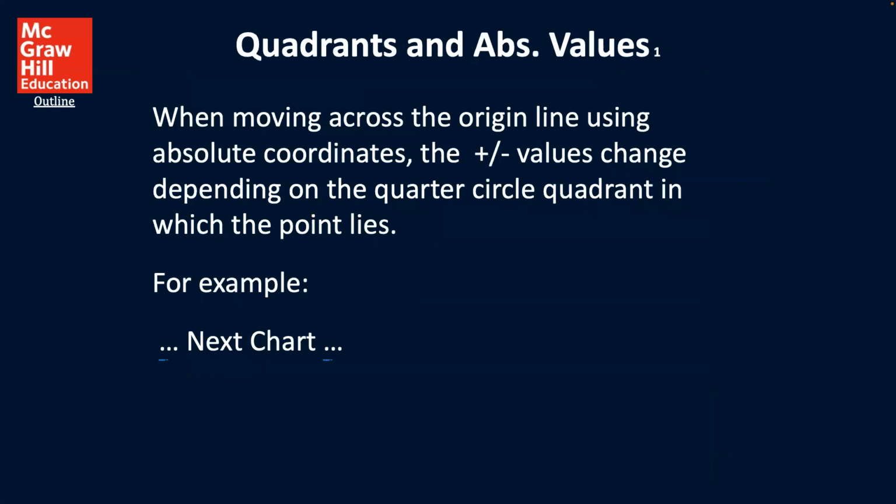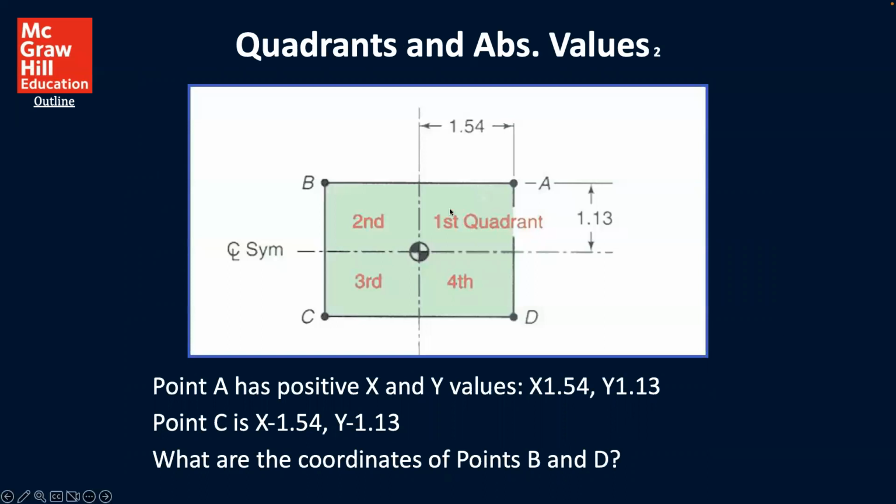So for quadrants and absolute values, when moving across the origin line using absolute coordinates, the plus and minus value change depending on the quarter circle quadrant in which the point lies. For example, go to the next slide. Now we see these 4 different quadrants, and we can start to observe where points A, B, C, and D are. Point A has both positive X and Y, so it's X 1.54 and Y 1.13.